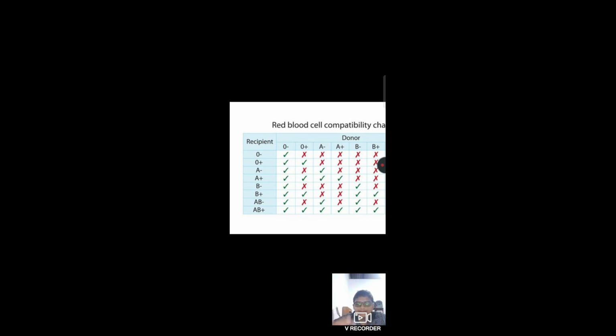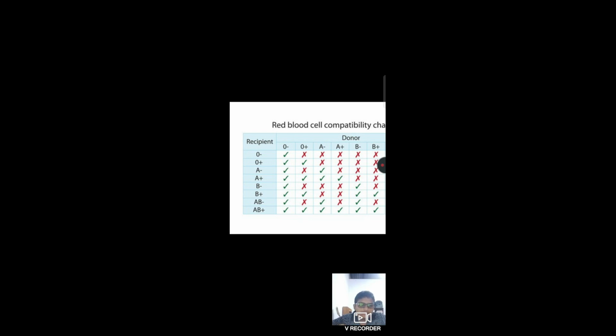The recipient is A negative, no? So the recipient has the A protein only, no rhesus factor, and the donor is A positive. Positive means the rhesus factor is also there, and A means the protein is also there.